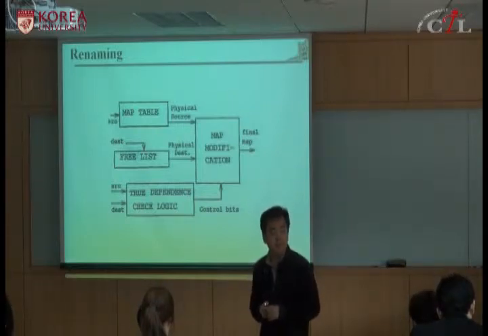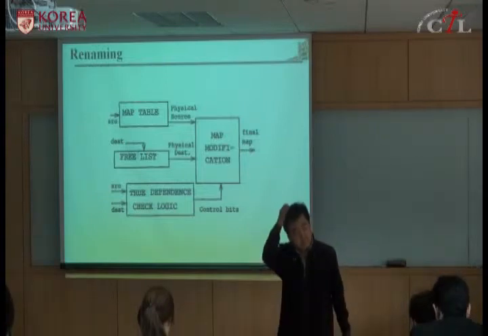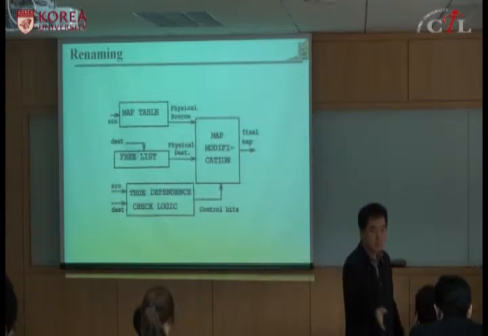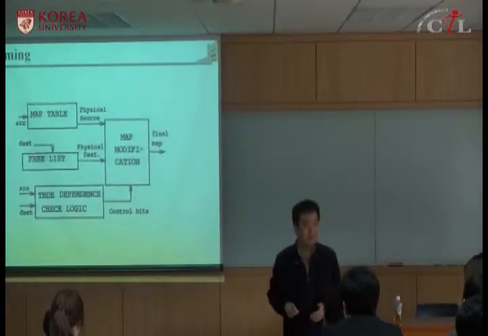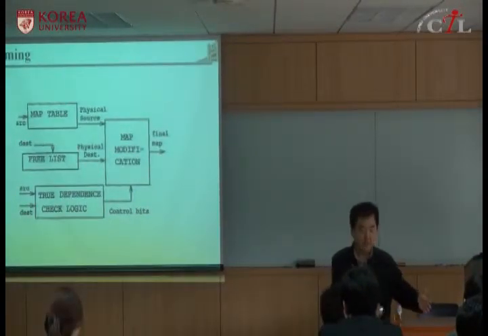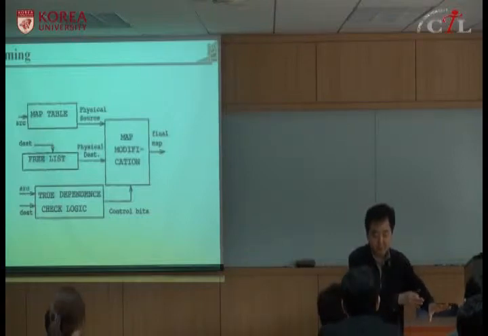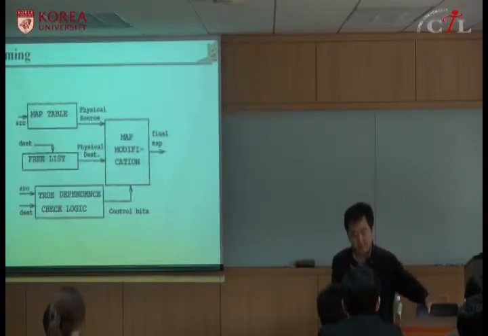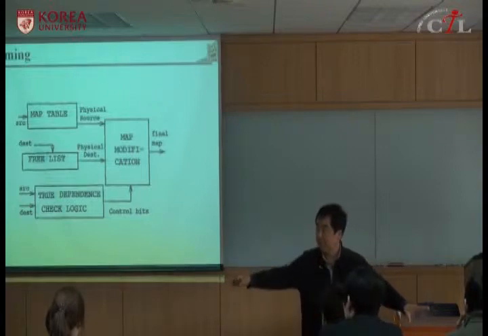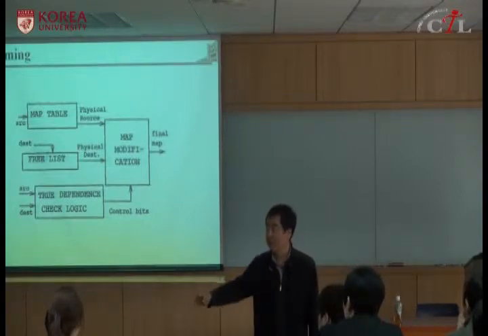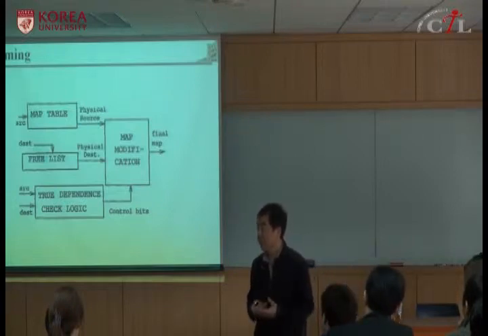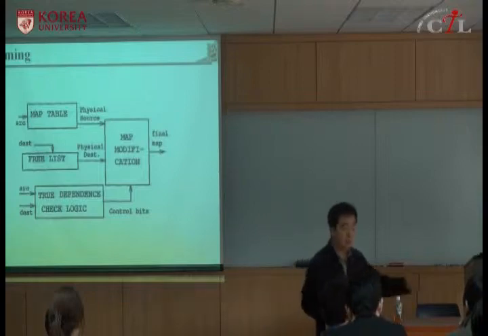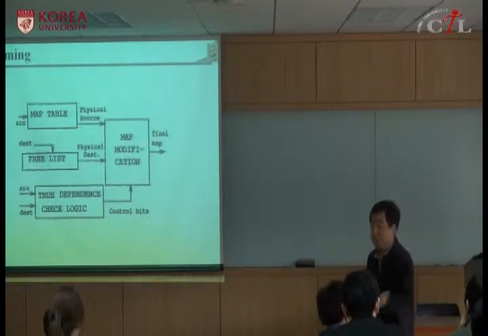Sometimes if there are 1, 2, 3, 4 instructions, you have to check the dependence between them. Let's say we have 3 instructions, the dependence needs to be checked with this one, and this is the earlier instruction, so this one and this one, and this one. So for 3 instructions, you have to check 3 dependences. If you have 4 instructions, 3, 2, 1.